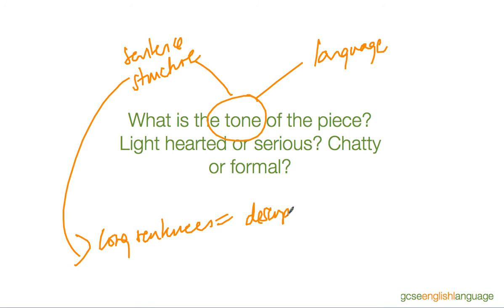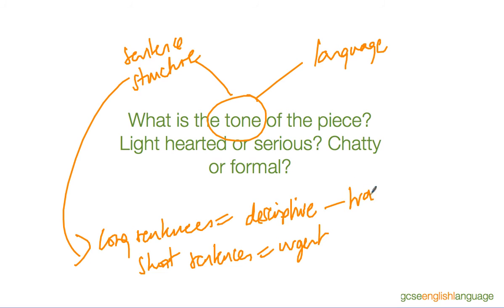Travel writing often uses lots of long flowing sentences, whereas short sentences can be more urgent, maybe something more aggressive, and can often be linked to tabloid journalism. So look at things like the word choice, the lexical field, and also things like sentence length.